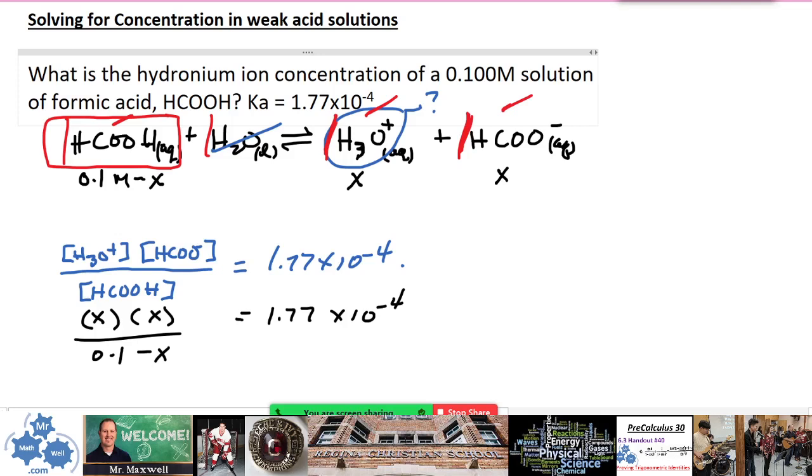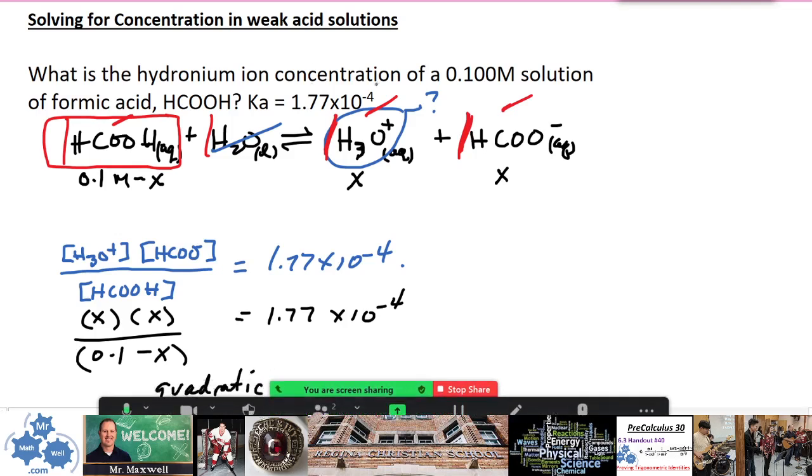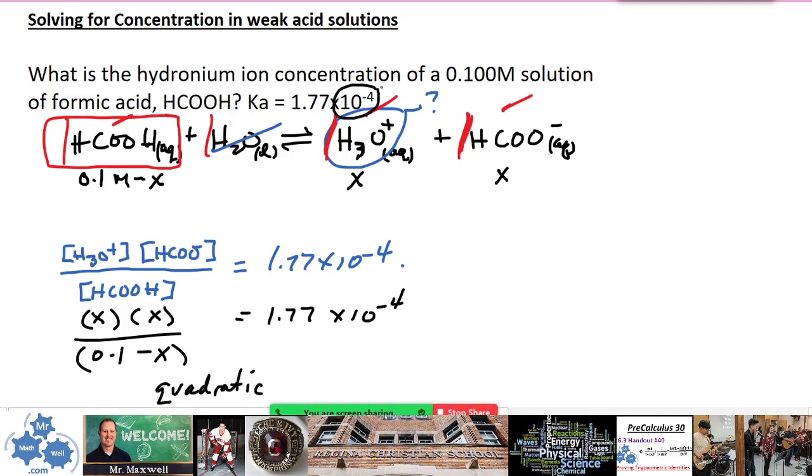Now, what I was mentioning before, because this is a weak acid, there is a shortcut in the math. So obviously, we can solve for this right here by multiplying both sides by 0.1 minus x, and we're going to get a quadratic. Remember that? And for those of you that are really into math and remember the quadratic formula, you could use the quadratic formula to find x. As it so happens that this 10 to the negative 4 is sort of the cutoff for most concentrations.